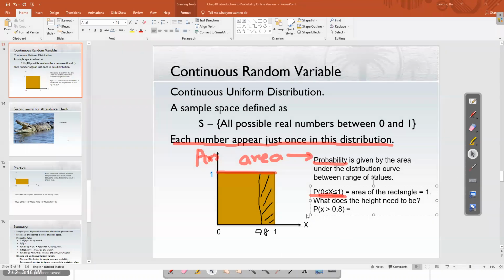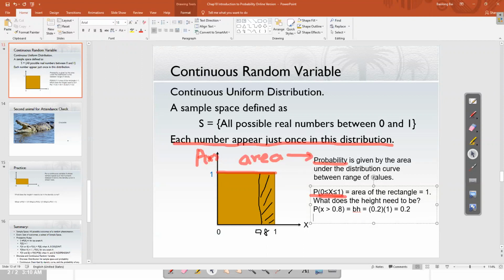So the probability of this event will be the corresponding area. And this is the area of a rectangle, right? It will be base times height. And what is the base? Between 0.8 and 1, the distance is 0.2, right? And what is the height? The height equals 1, right? So that probability equals 0.2. So very quickly you can find that probability.